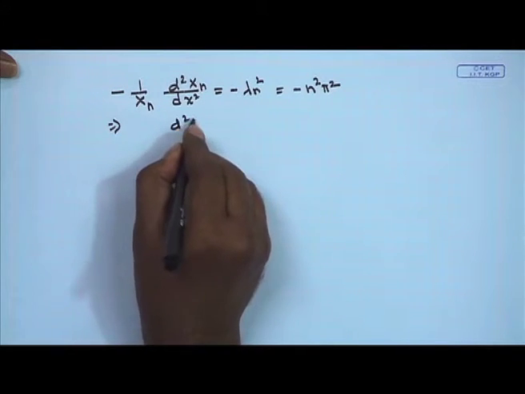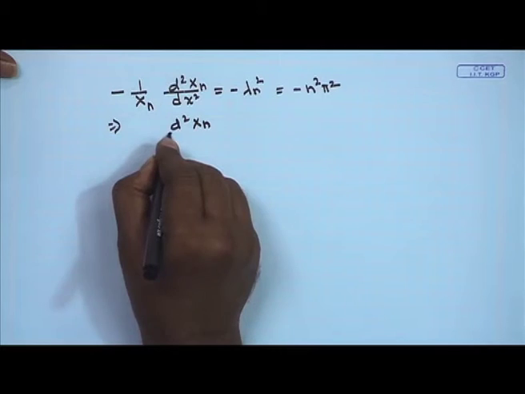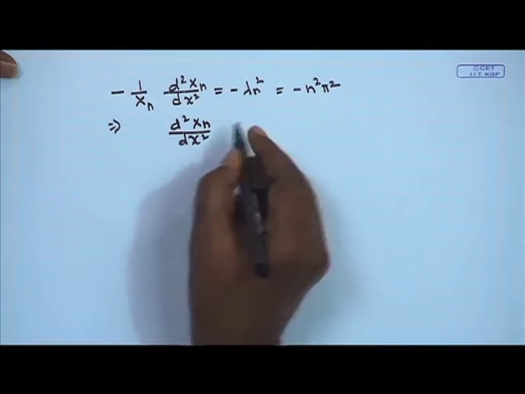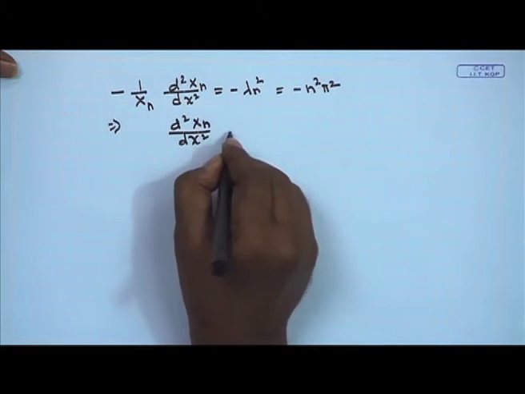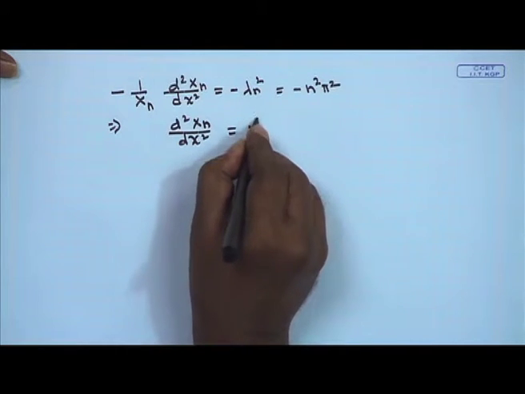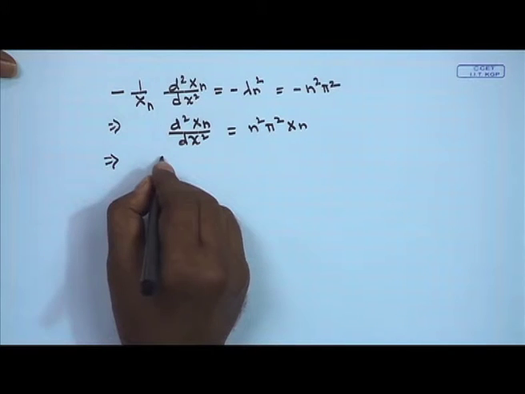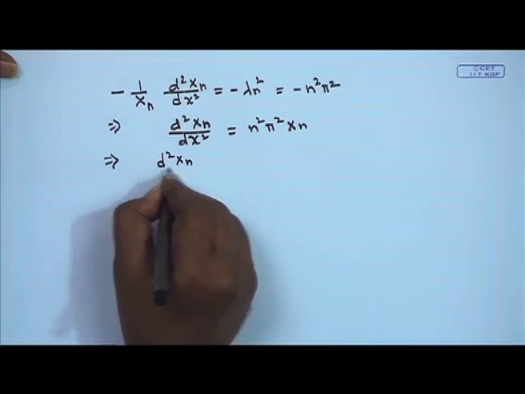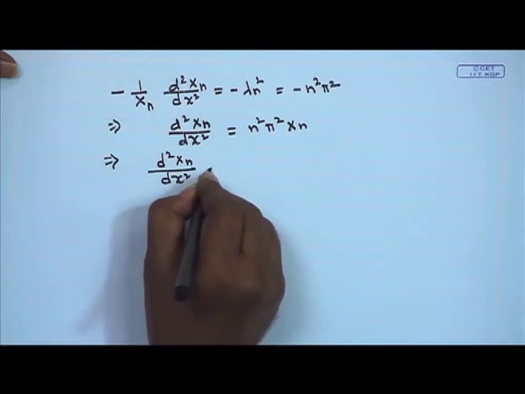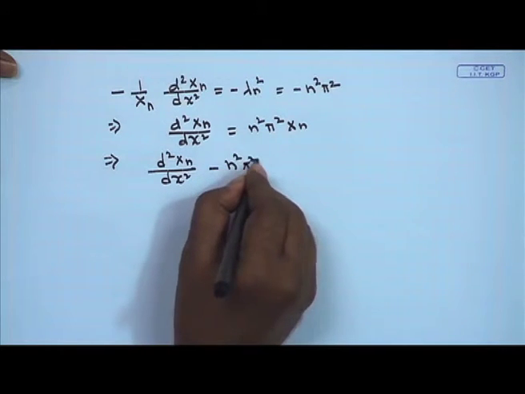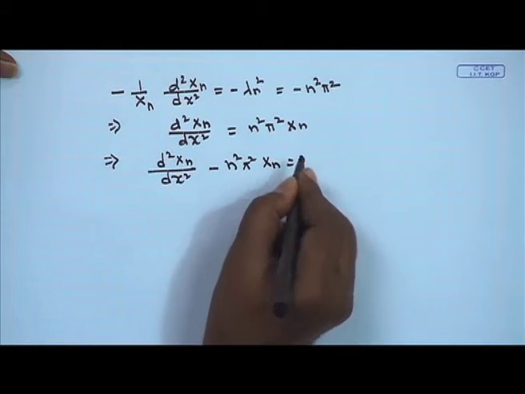So, d square X n dx square is equal to n square pi square X n. If we take it to the other side, d square X n dx square minus n square pi square X n will be equal to 0.